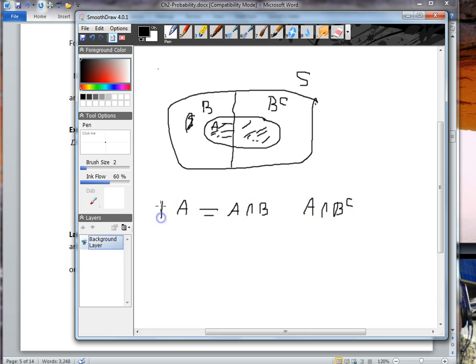And then the probability of this would be P of A. These two pieces are mutually exclusive, so it's the probability of A intersection B plus the probability of A intersection B complement. With tablets, it's hard to write. Anyway, this one here.